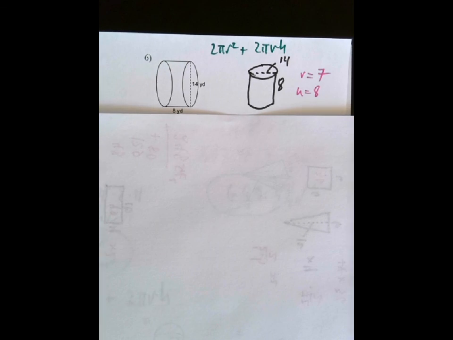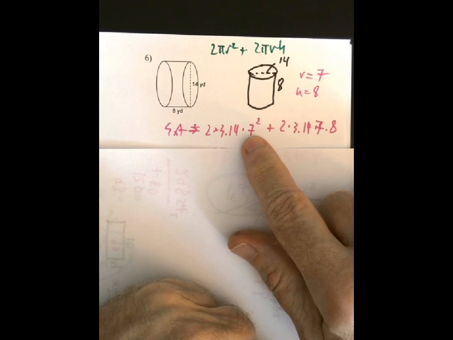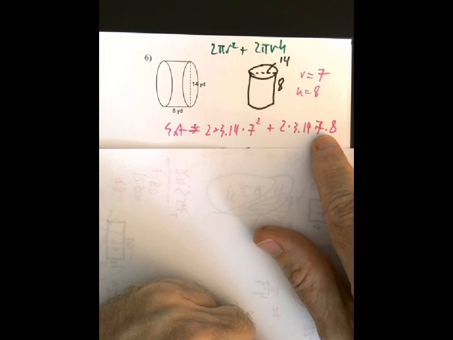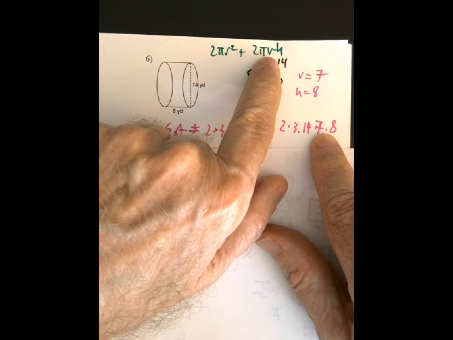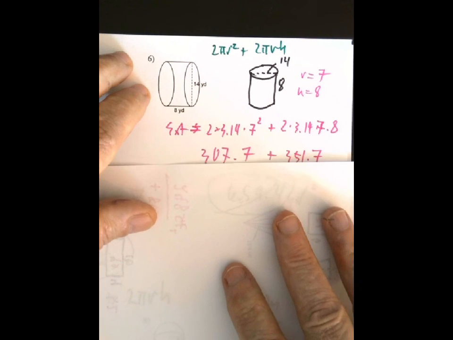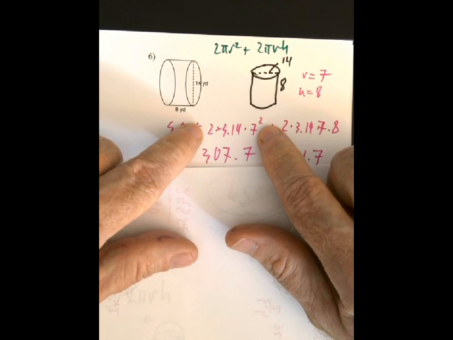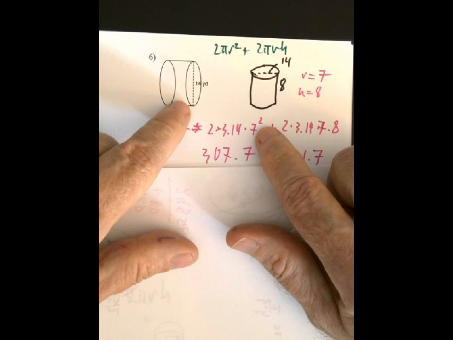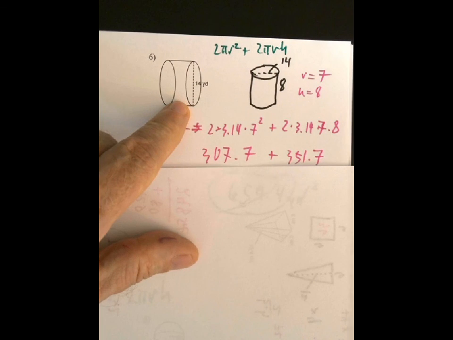Okay, so hopefully you've come back. So we plunk 7 in for the radius, and then 7 in for the radius there, 7 in for the radius there, 8 in for the height there. And now we do each part separately. 7 times 7 squared is 7 times 7, so 7 times 7 is 49, times 3.14 times 2 works out to be 307.7.